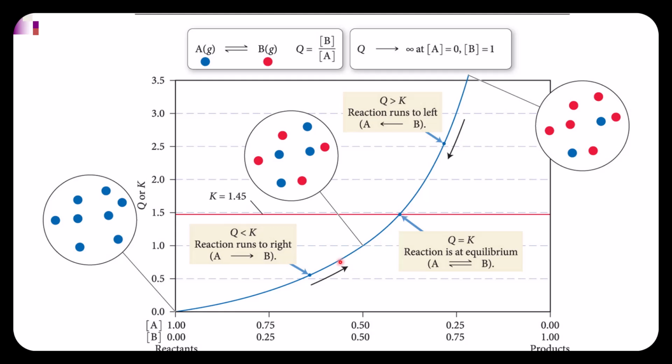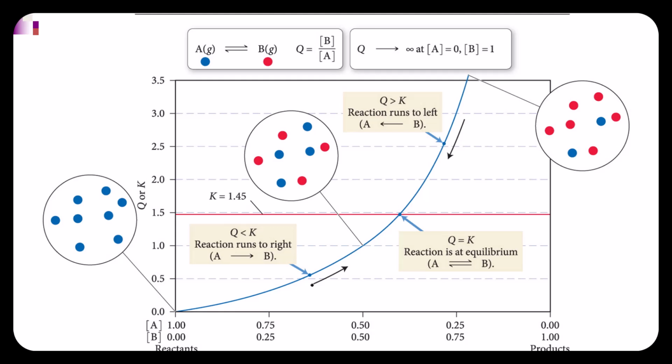Q and K. So down here, below the red line, and I like this because it's below the red line, what we're going to see is that Q is less than K. We're below K, right? Q is less than K. When Q is less than K, we have not reached equilibrium yet.